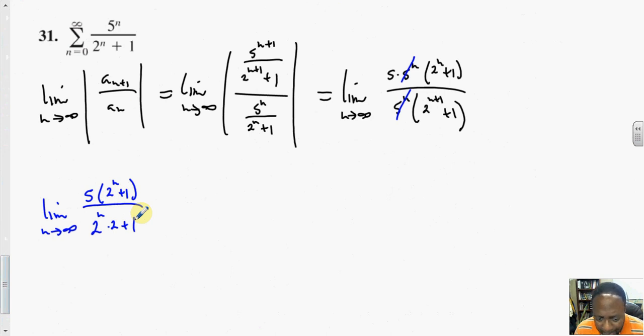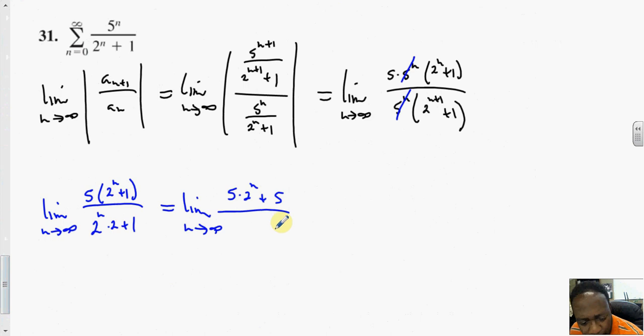And to get this limit, we look at the biggest term, if you will. So this is the limit as n goes to infinity of 5 times 2 to the n plus 5 all over 2 times 2 to the n plus 1.